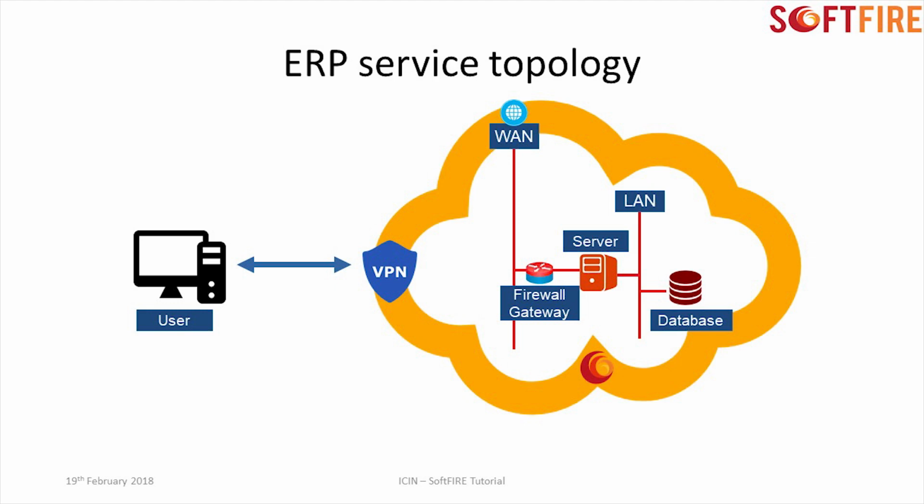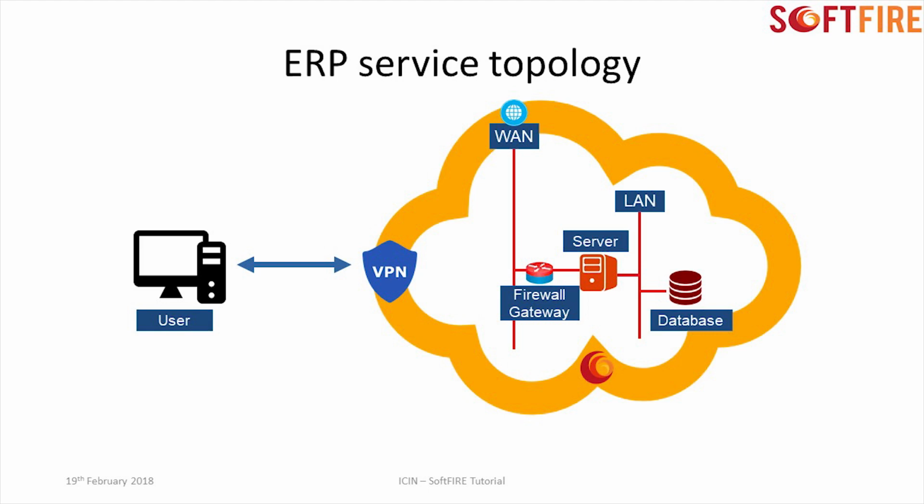The orange cloud represents the SoftFIRE platform inside which our experiment will run. The SoftFIRE network is isolated from the outer world with a virtual private network. A user that wants to connect to the network has to use a VPN endpoint providing a valid certificate and credentials.